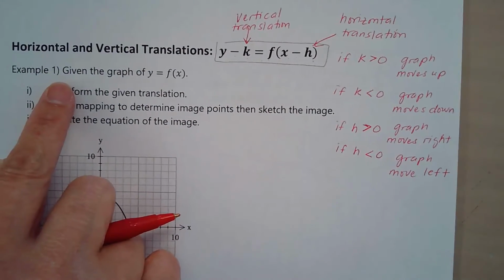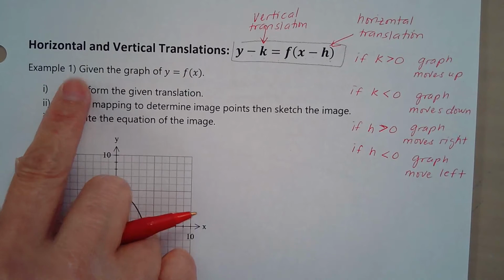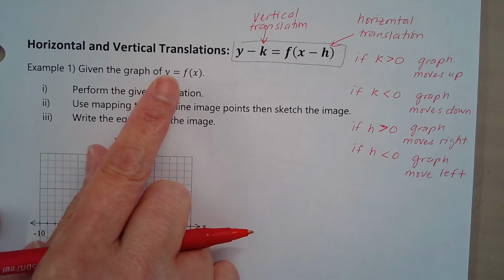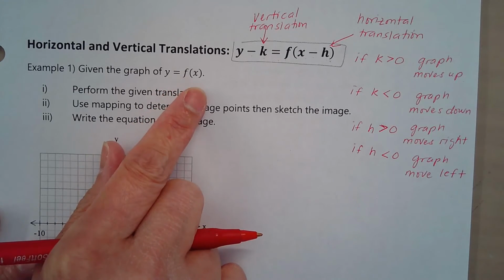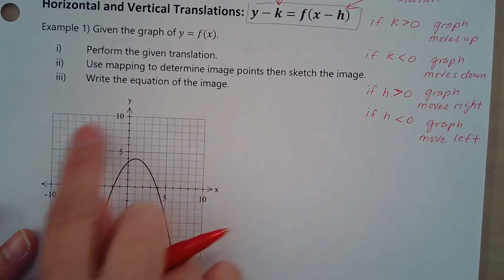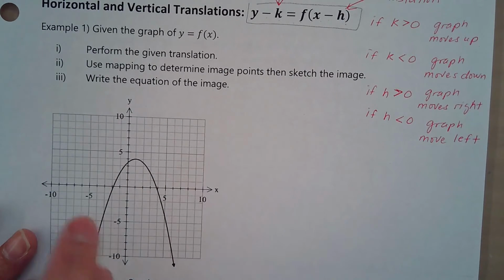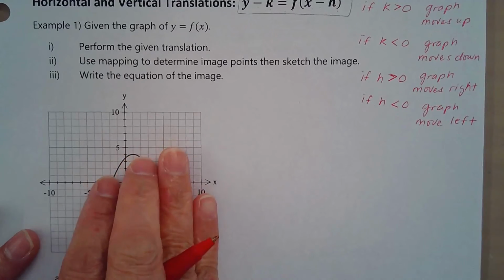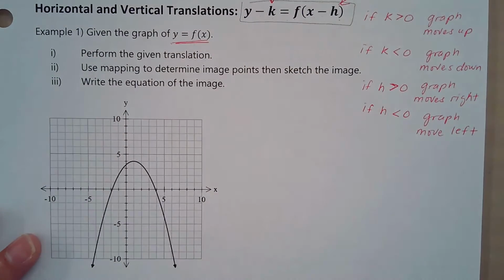So here it says, given the graph of y equals f of x. So we're given the graph of f of x, right? We don't have the exact equation for this function. We just call it the graph of f of x.